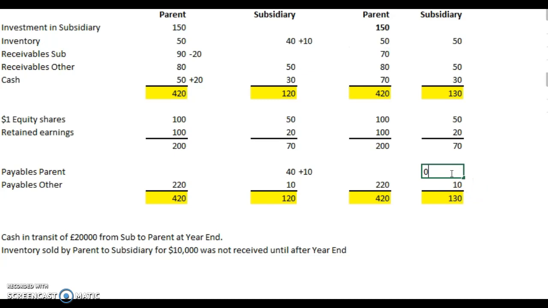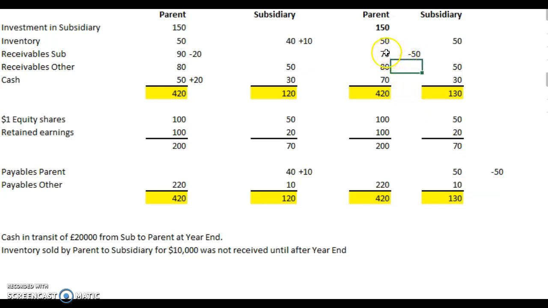And do another adjustment. We'll do minus 50 here, and here on the receivables we'll do minus 50 as well.